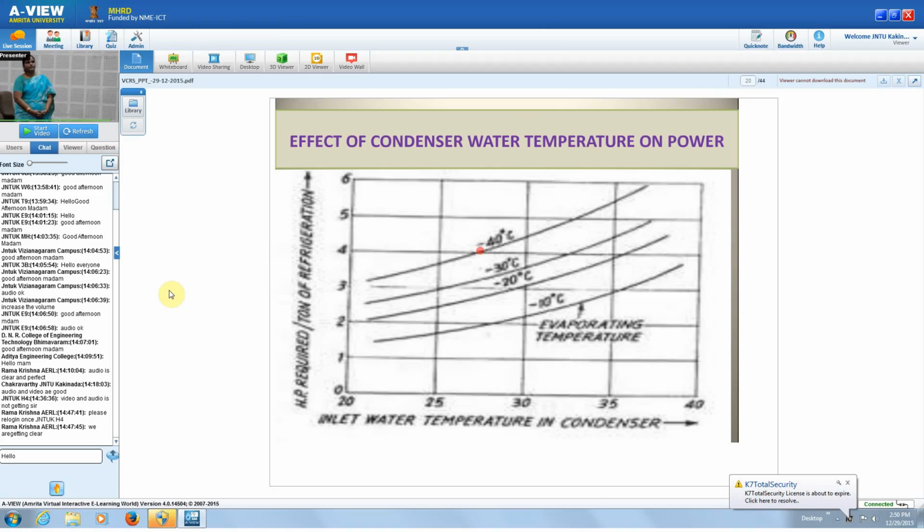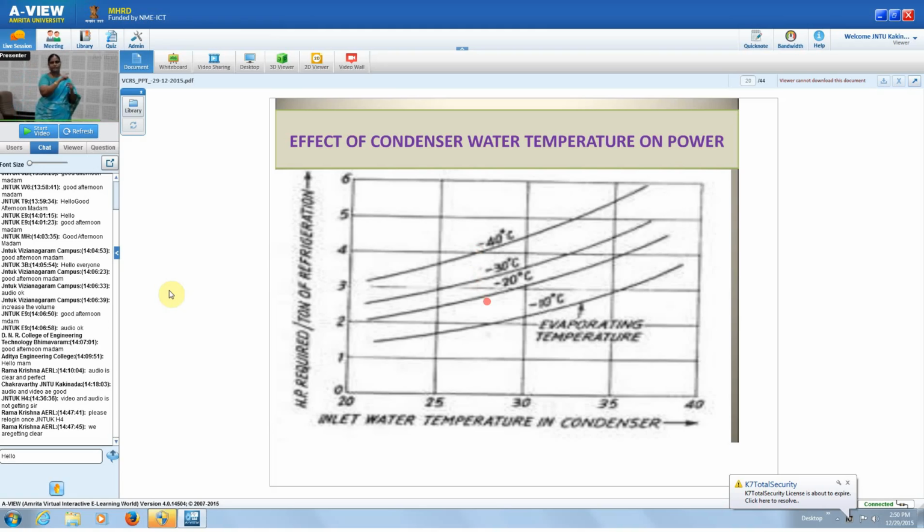So when the evaporator temperature required is less, minus 40 degrees centigrade, then we always require more work input. When the condenser temperature also increases, then we have to increase the work input to the compressor. So this is the diagram showing all the three variables.